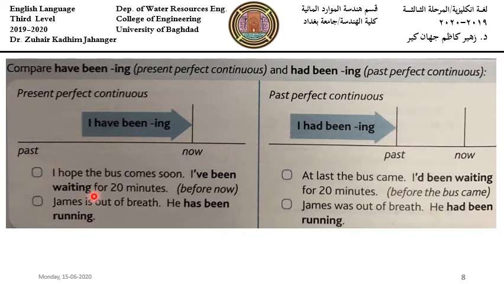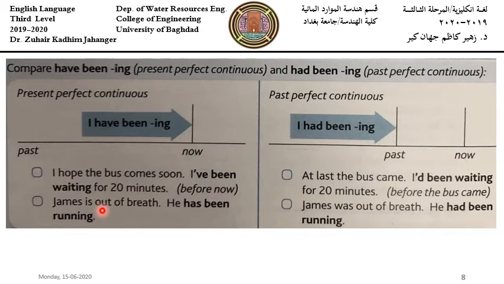Compare these examples. I hope the bus comes soon. I've been waiting for 20 minutes. That is before now, the time of talking. James is out of breath.